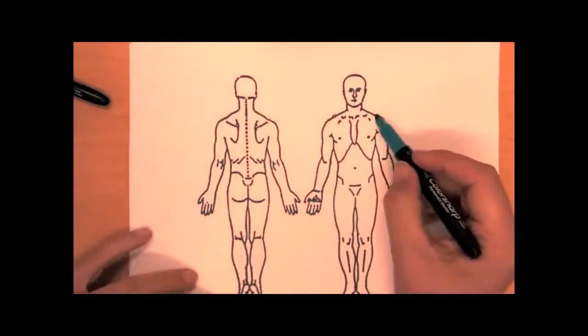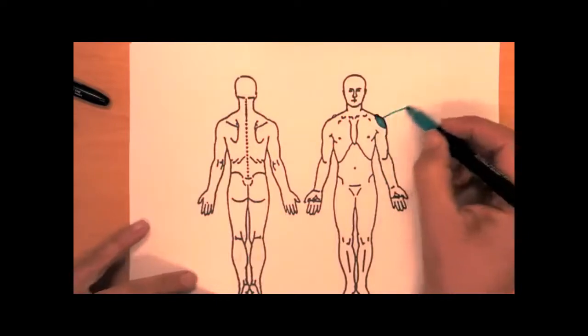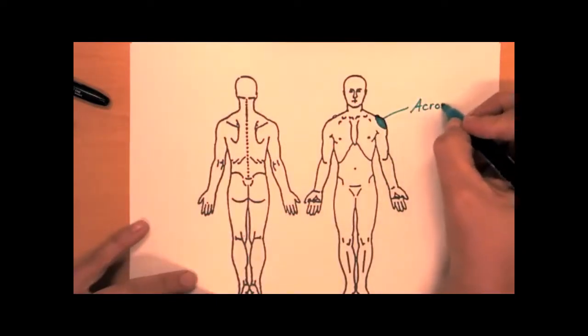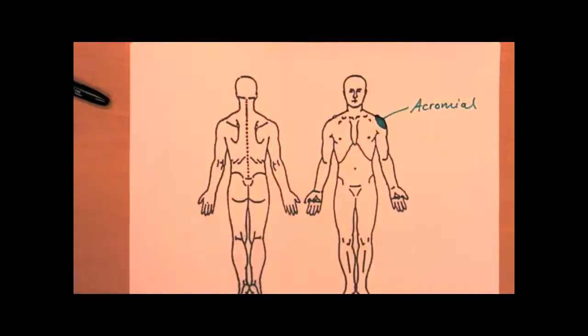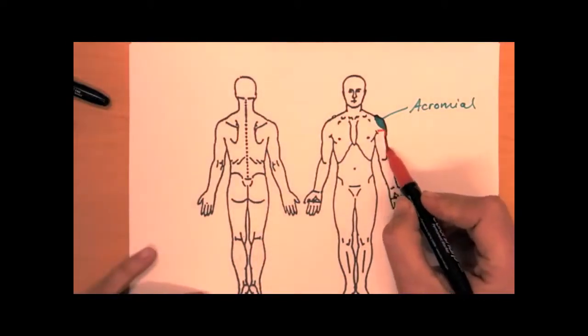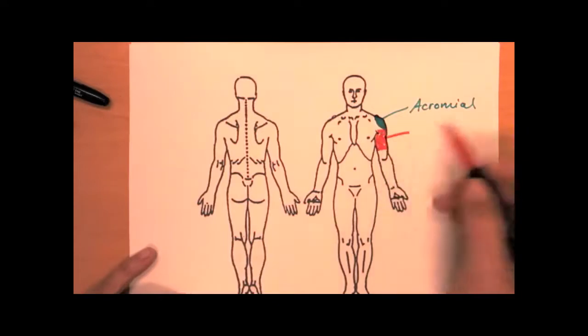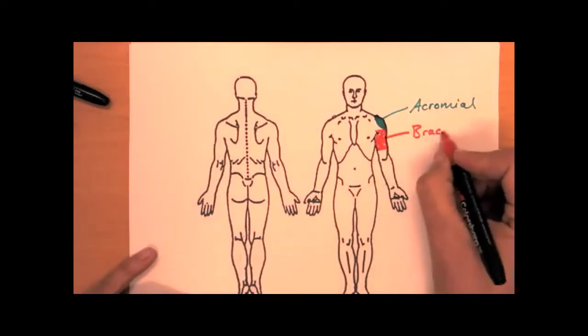And so the shoulder is acromial. The upper arm, right, so where your biceps would be, this is called brachial.